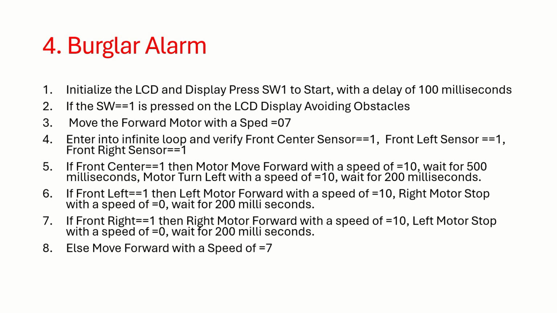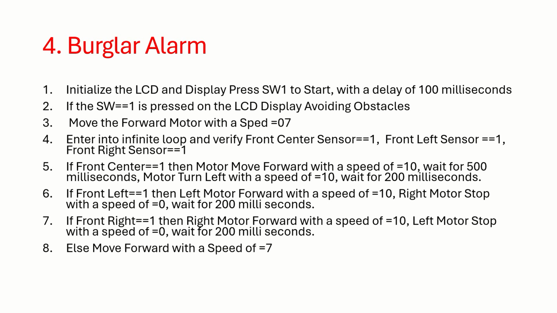Instead of that, if the front left sensor detects an obstacle, then the left motor forward speed should be 10 and the right motor should be stopped with 0 speed, and wait for 200 milliseconds. Else if the front right sensor detects any obstacle, then the right motor forward should be on with a speed of 10 and the left motor should be stopped with 0 speed, and wait for 200 milliseconds.